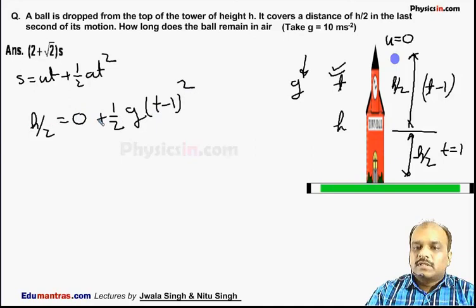Because if I take g as negative, then this h by 2 is also negative. So I have to substitute here. For example, this is negative and this is also negative, so these two will cancel out. We get h by 2 is equal to half g into t minus 1 square.